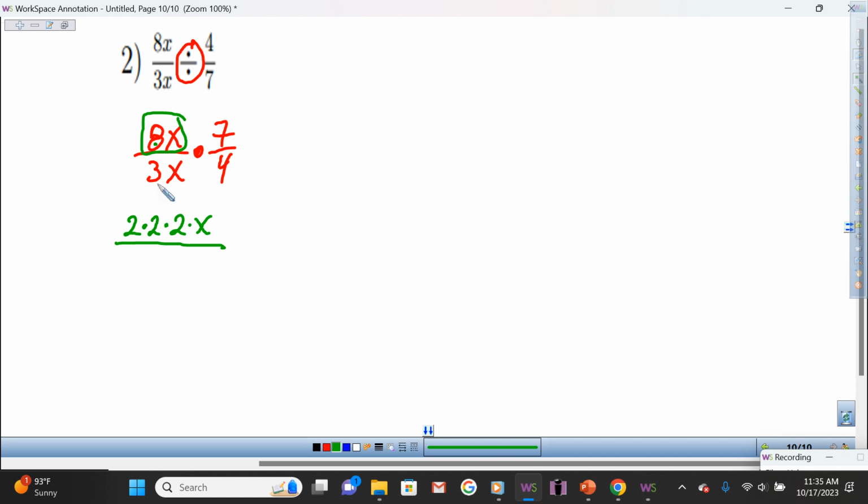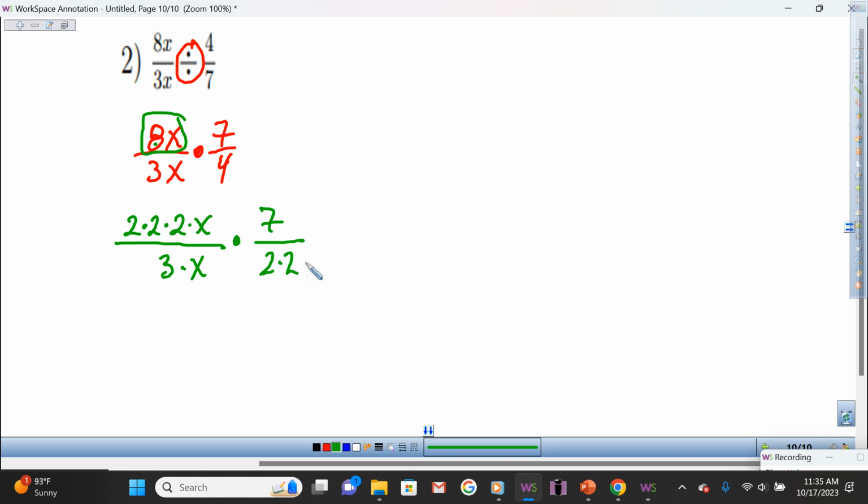About the denominator, can we write 3 any other way? No, that's it. 3x times, how about the 7? Just 7. How about the 4? 2 times 2.